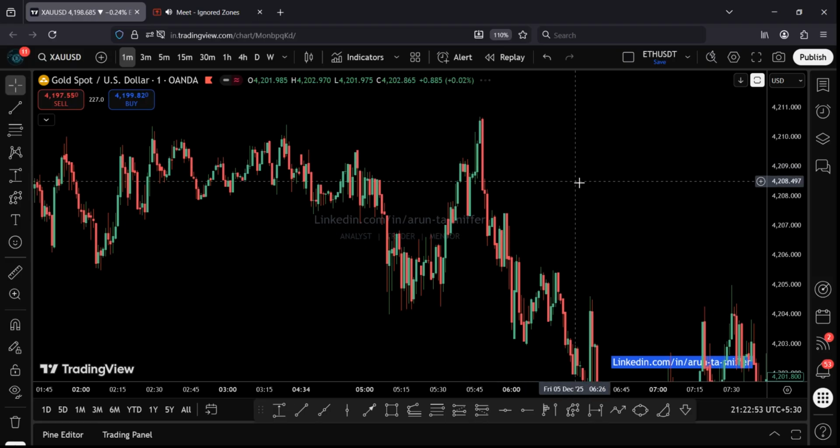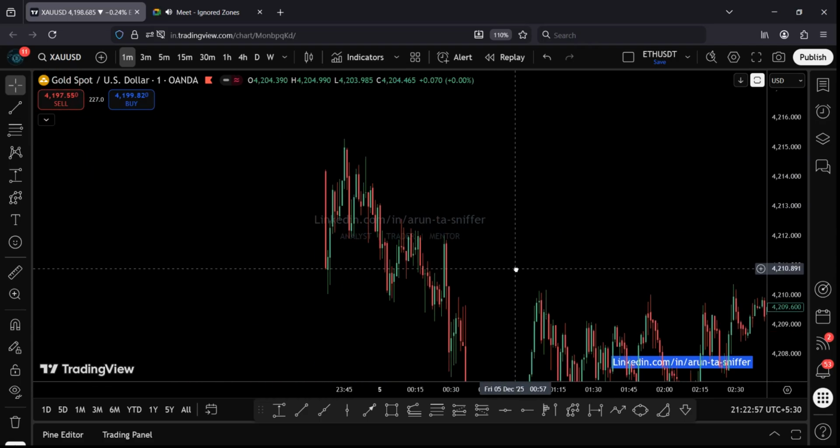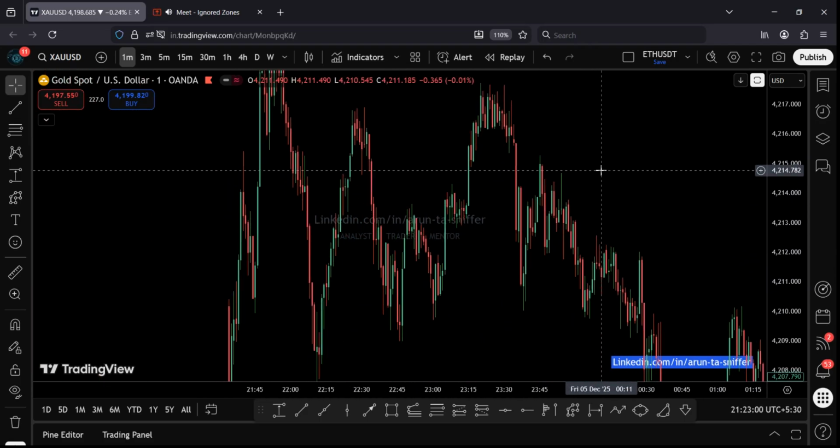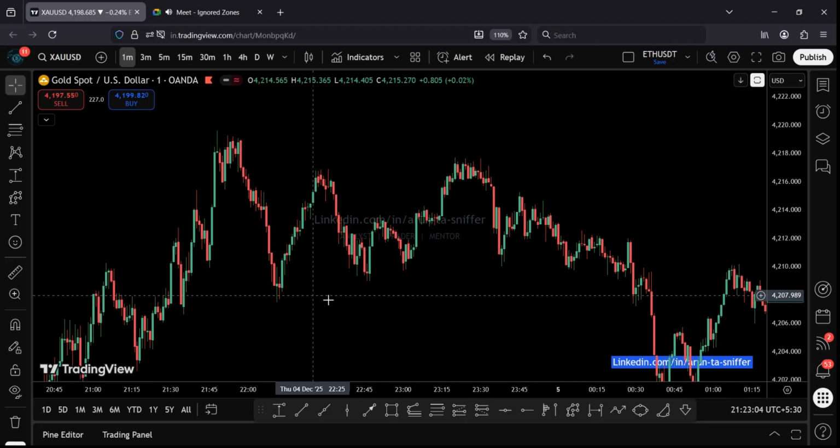This one, no, not a clear example. Okay, guys, have some patience. I'm trying to find a good example so you can understand it clearly.